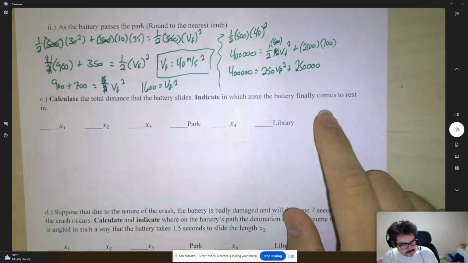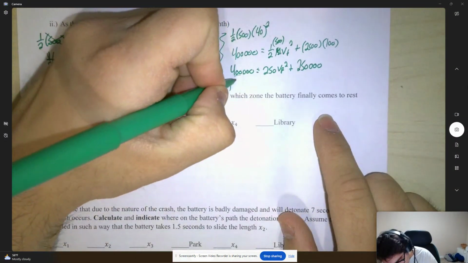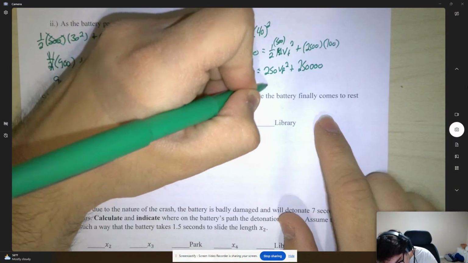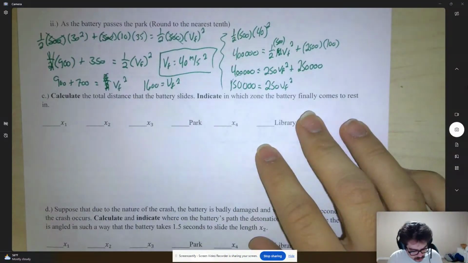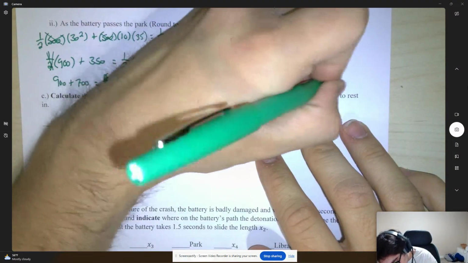If I subtract, so I do 400,000 minus 250,000, I should get 150,000 equals 250 v final squared. Divide both sides by 250. And this is going to be v final squared is equal to 600.